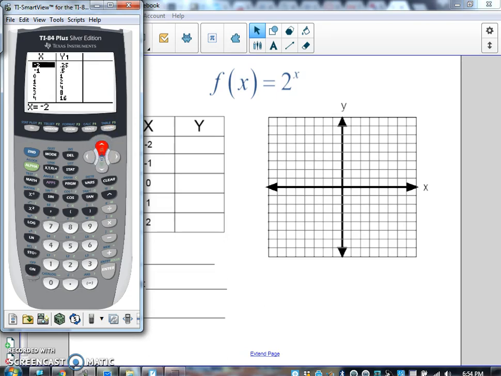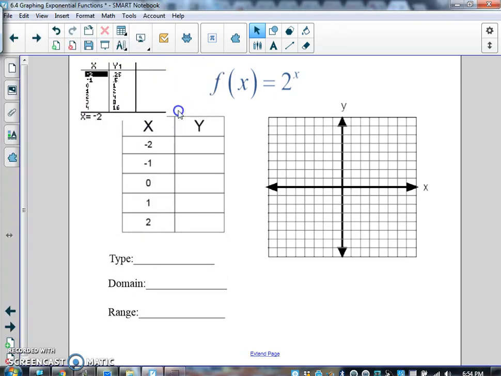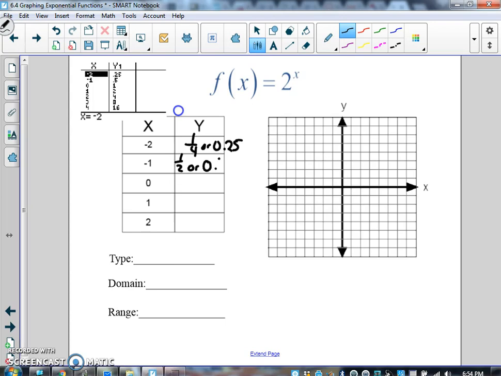We're asked to start at -2, and our value when we plug in -2 is going to be 0.25 or 1 over 4. Our value for -1 is 1/2 or 0.5. When x is equal to 0, our value is 1.